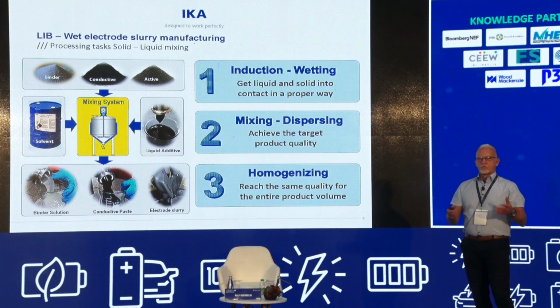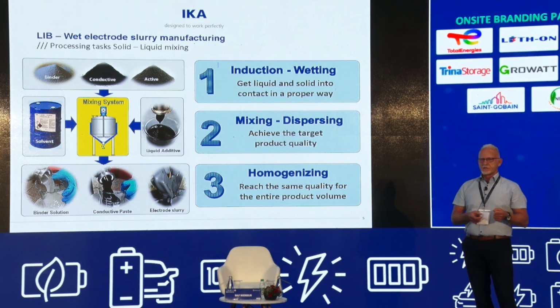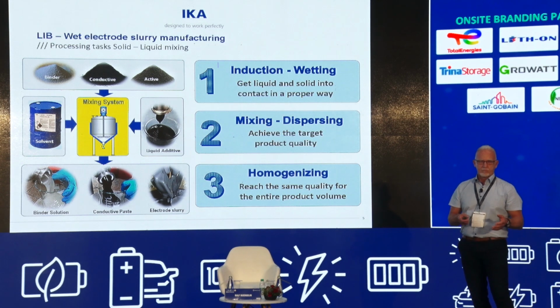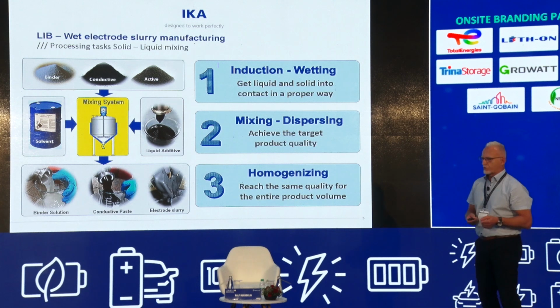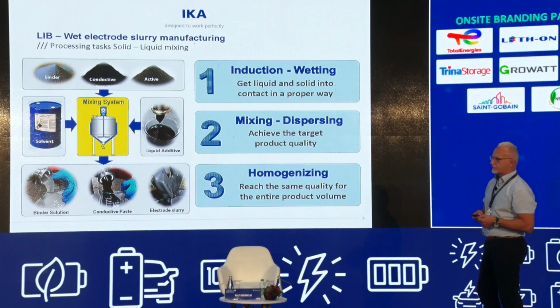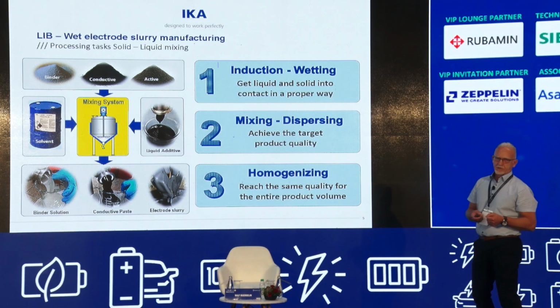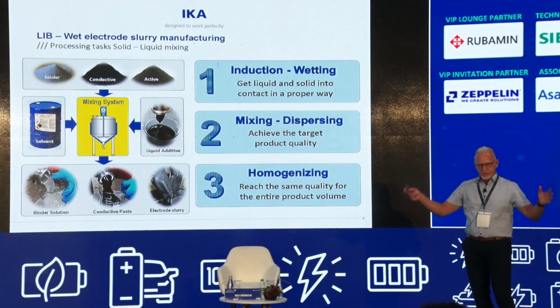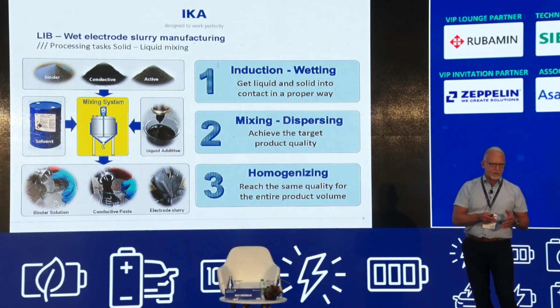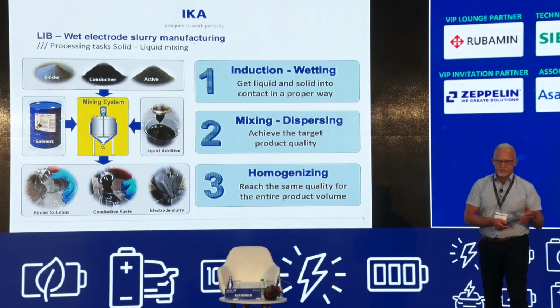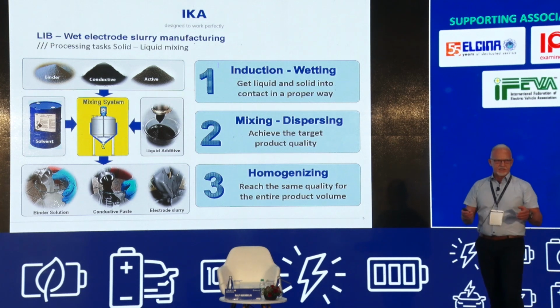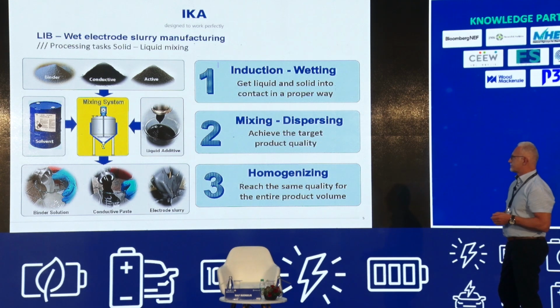Then, when it's together, we need a certain energy input. Otherwise, we cannot achieve the product quality that we finally need. And last but not least, the entire volume that we prepare, be it the batch or the flow rate, should receive the same treatment, so we finally have a really homogeneous product for the coating process.